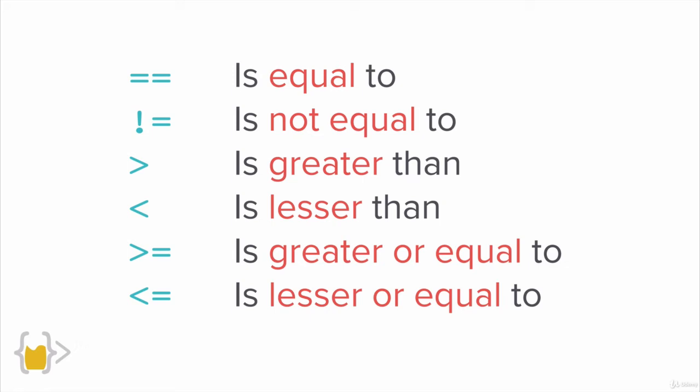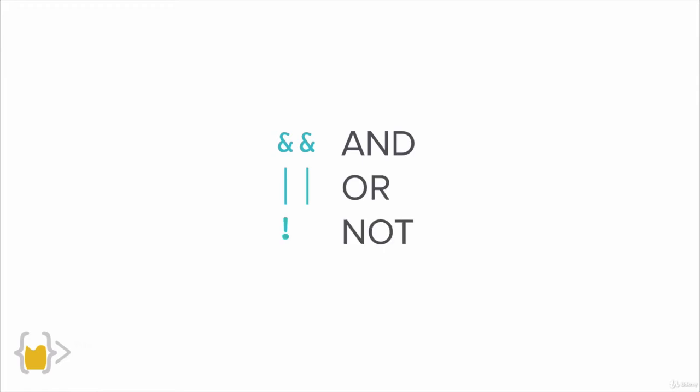And then we can combine these conditions together in an if statement using these comparators. So for example, we can have two ampersands for and, two pipes for or, and a single exclamation mark for not. So let me show you how this works.